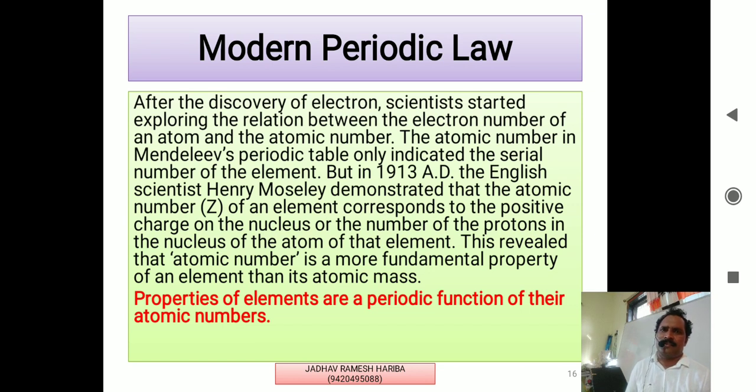That is the law we call the modern periodic law. The properties of elements are the periodic functions of their atomic numbers.